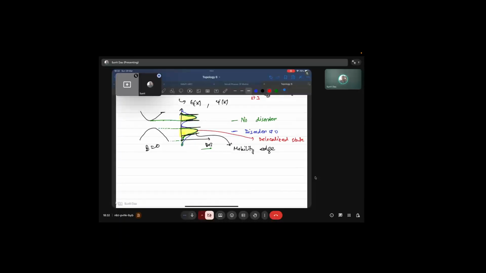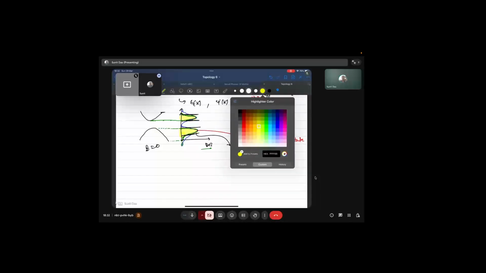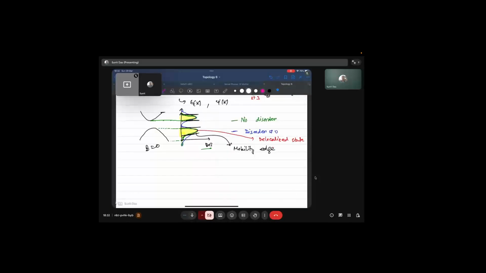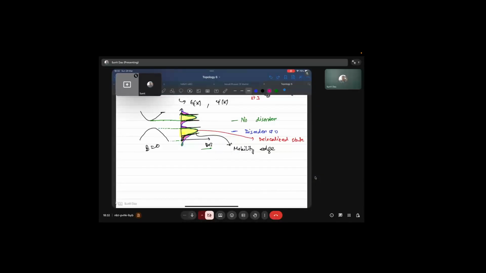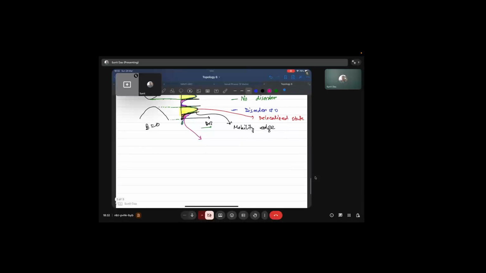And beyond this, it's becoming too crowded, so let me use a different color. The localized state.